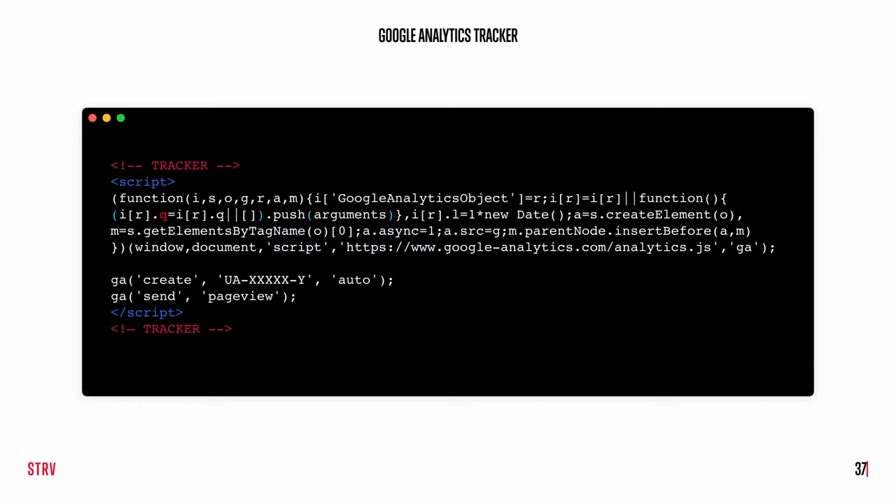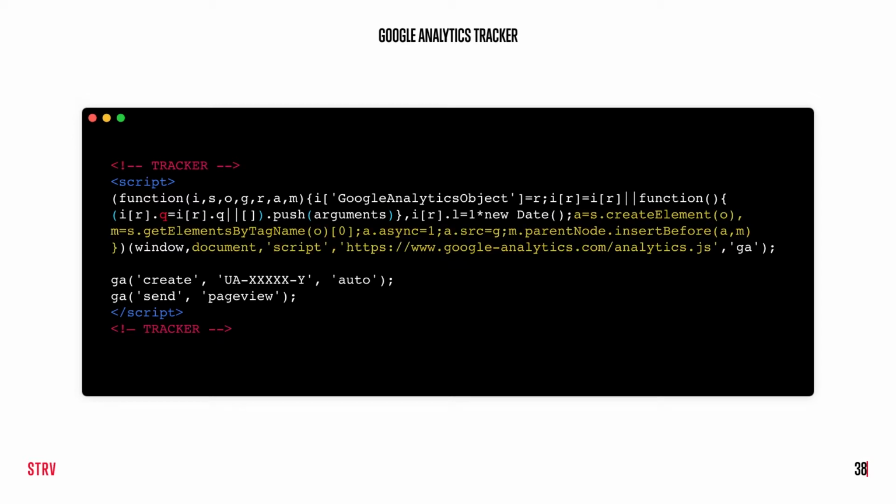So what can we do? We need the analytics, so we should do something about it. Sometimes this is minified code, so it's usually unreadable. There is no way to figure out what's going on here. But if you pay close attention to it, you will start seeing some things.